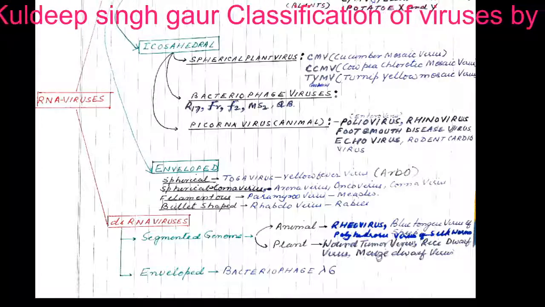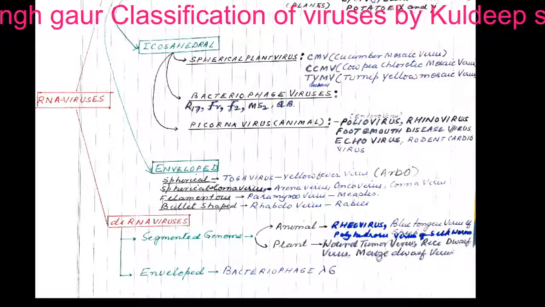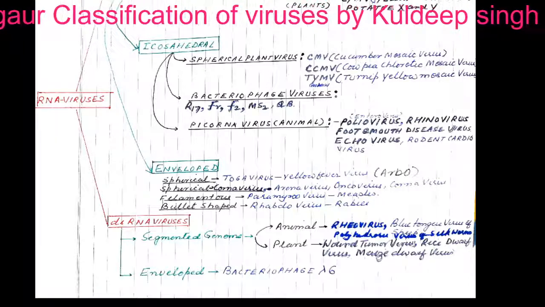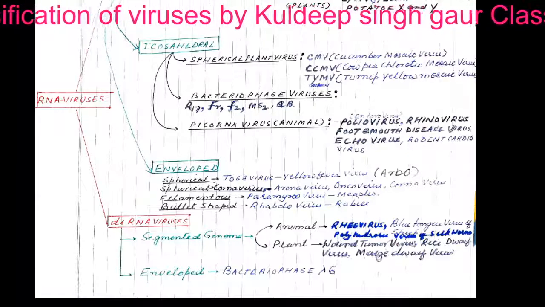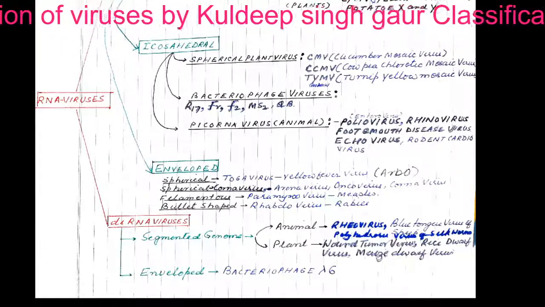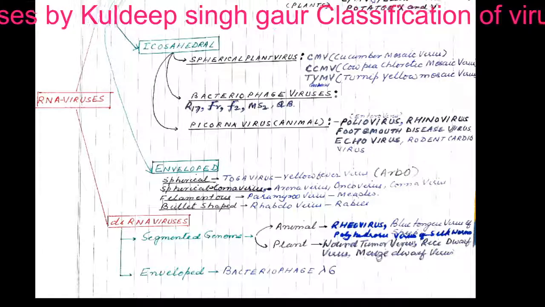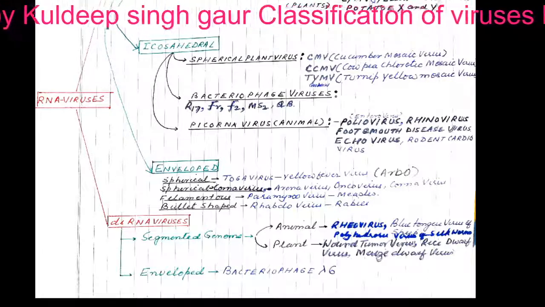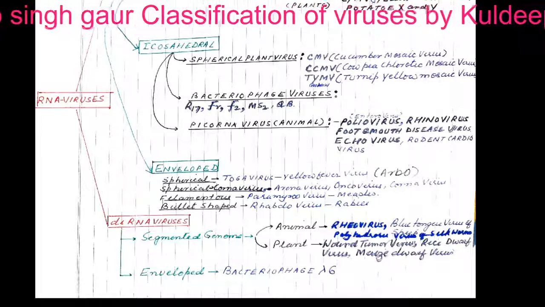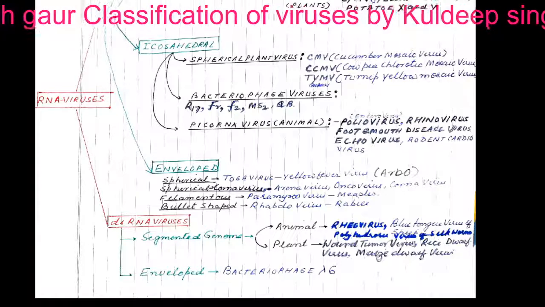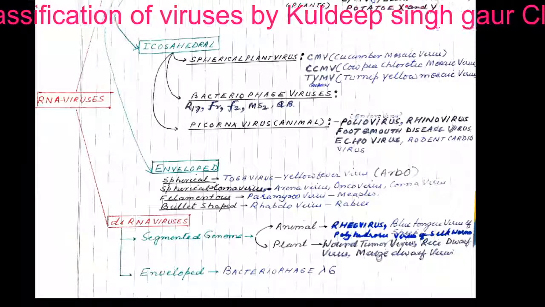The double-stranded RNA viruses are classified into two: those having a segmented genome and those having an envelope around them. Those having envelope are, for example, bacteriophage lambda 6. The segmented genome has been divided into animal and plants.